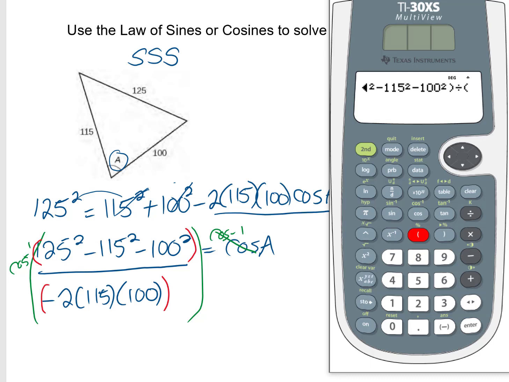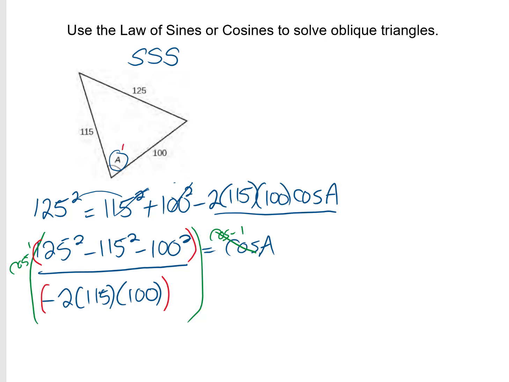It's negative 2. I need to use the negative button, not the minus button. Negative 2 times 115 times 100, parenthesis to end the bottom of the fraction, parenthesis to end the inverse cosine. Okay, and it looks like we get A is 70.7 to 1 decimal place, so A is 70.7 degrees.